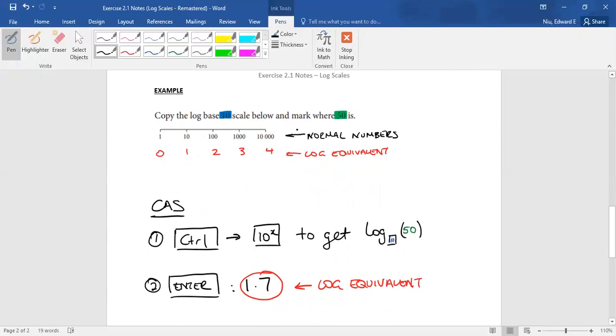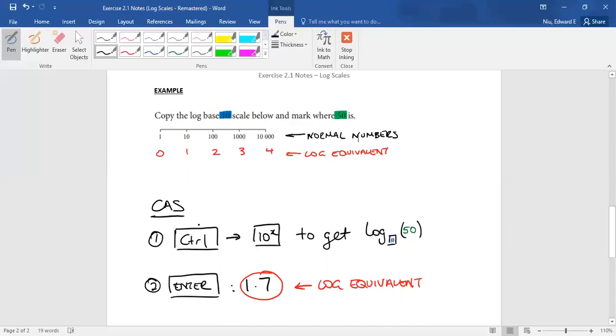The first thing we need to recognize is this top line are your stock standard numbers. Down below, we need to write down the log equivalent. So 1 on the normal number line as a base 10 logarithm is 0. 10 on the normal number line is 1 as a log base 10 equivalent, so on and so forth.